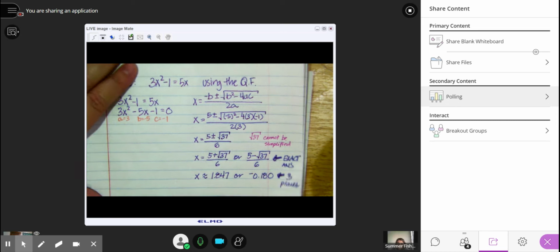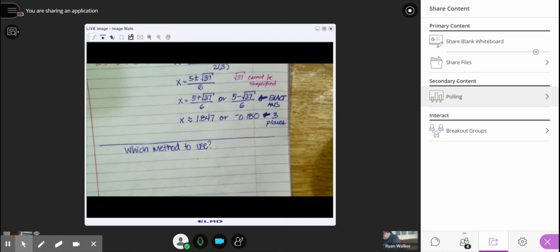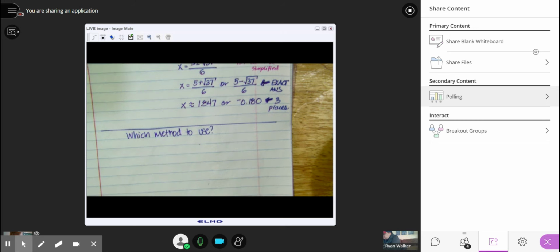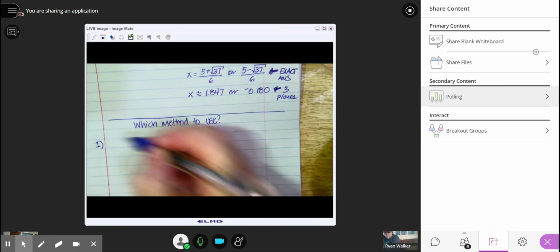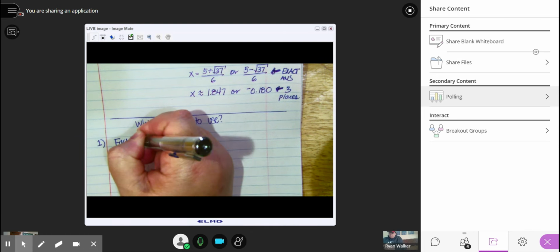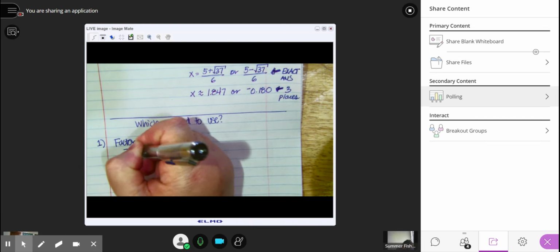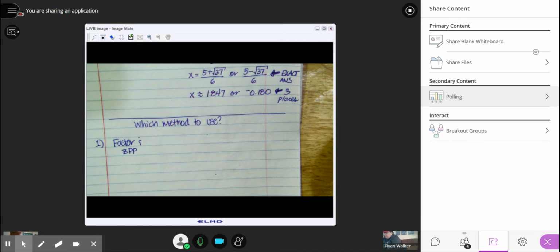All right, so which method do you use? We've talked so far about 4 different methods of solving. The first one is factoring and the zero product property.